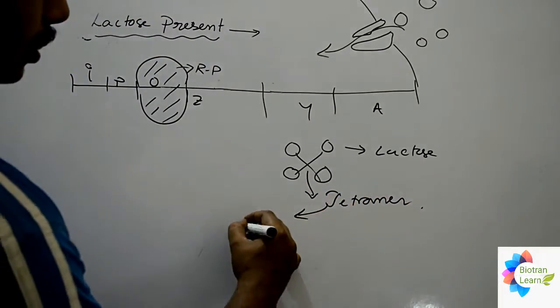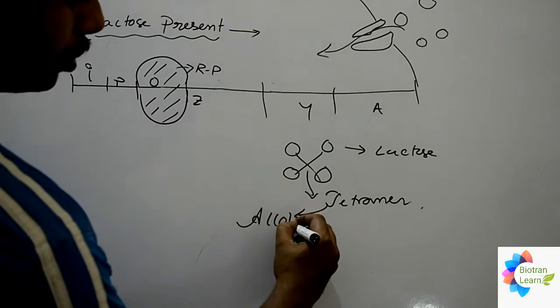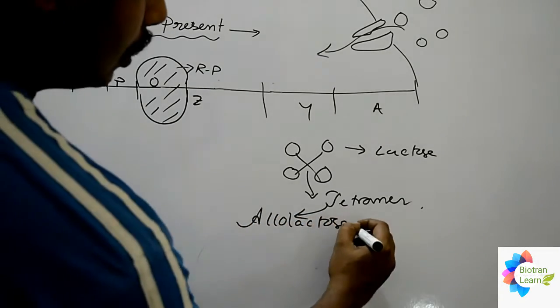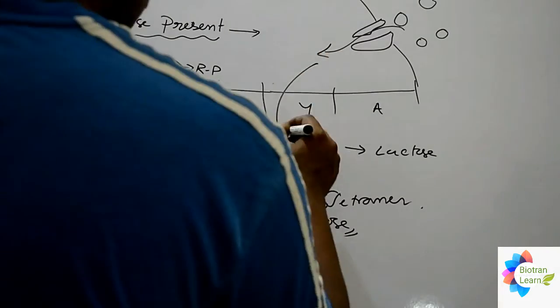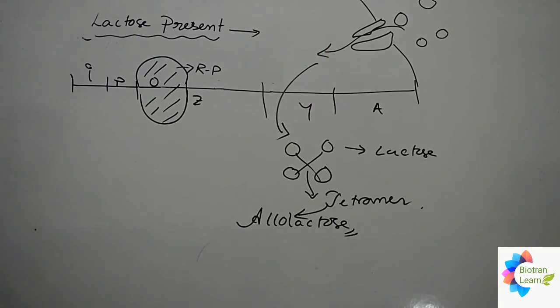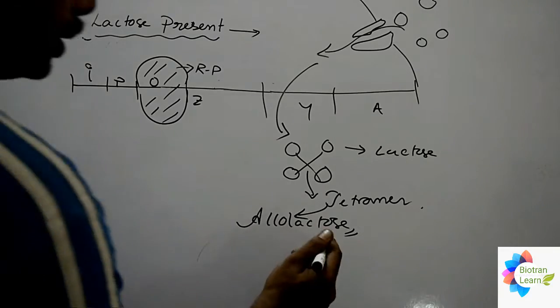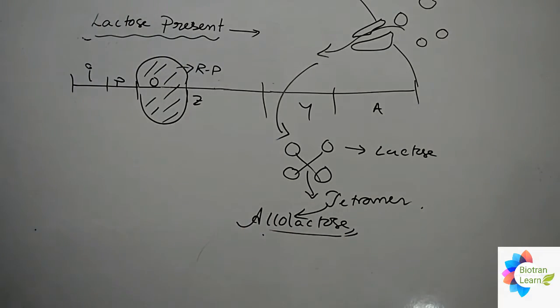These are known as allolactose. So lactose will be coming into the cell. Now what does this allolactose do?